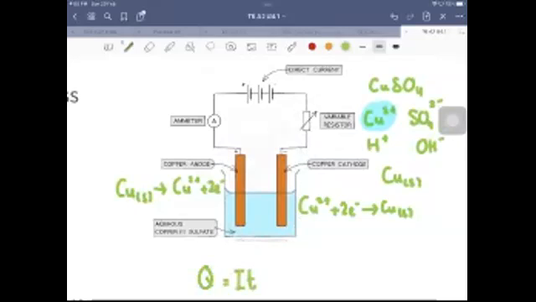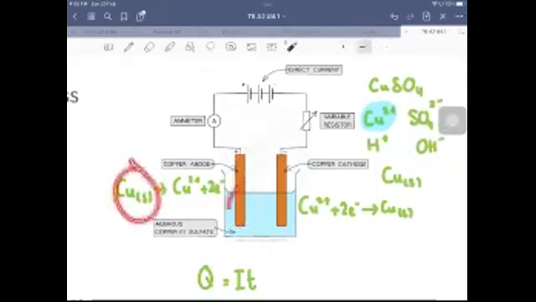Okay, so as you can imagine, when you look at these two reactions, at the anode your copper solid, which is your electrode, will be producing Cu2+. That means it loses electrons to release Cu2+, which means the mass of your anode would decrease, because copper as an anode is being used up in this reaction.